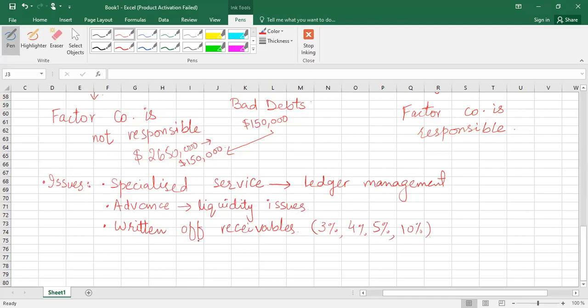Now the factor company is the one who says that if we are going in this non-recourse factoring, we will help you resolve this issue ideally to the level of zero, because we are taking the responsibility. Not only that, we will try that all your receivables should pay you on time and 100%. So these are the benefits of the factor company.